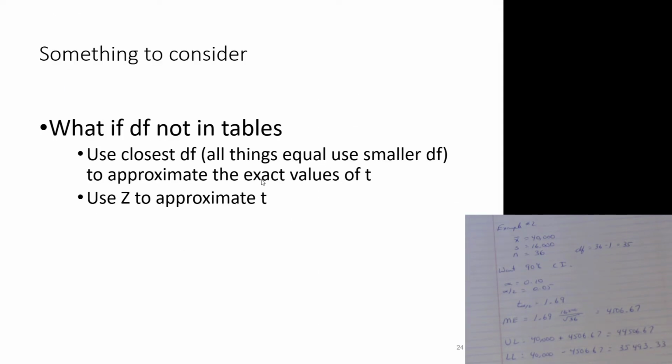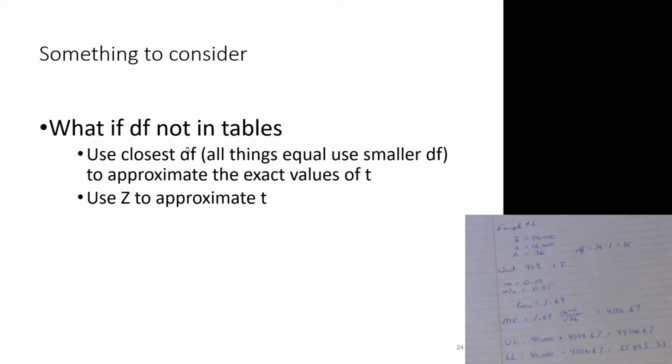Now from a practical matter, if you don't have Excel handy, which can sometimes happen depending on your exam situation, and the degrees of freedom is not on the tables, typically you could pick the closest one. That's justifiable.